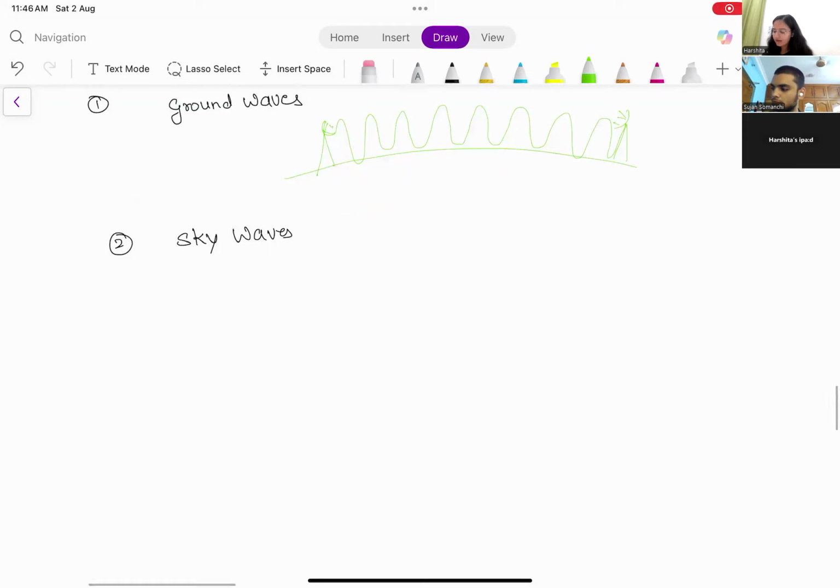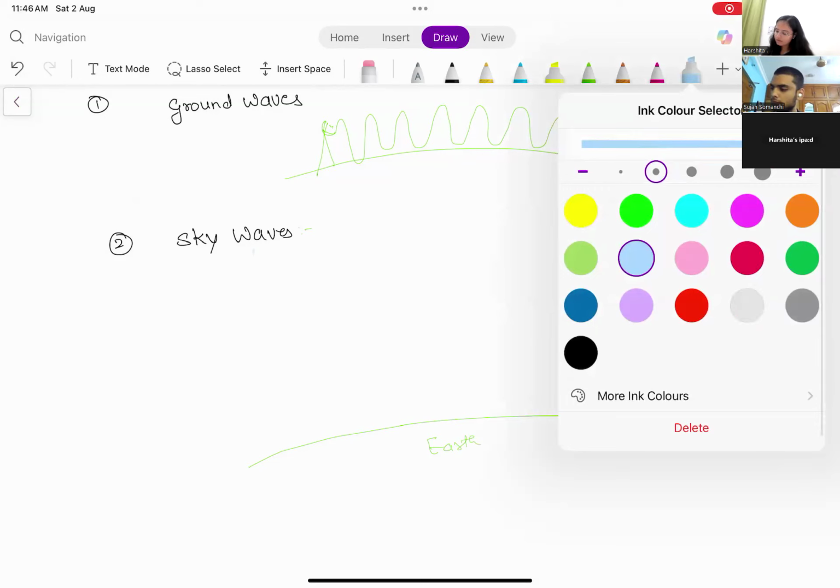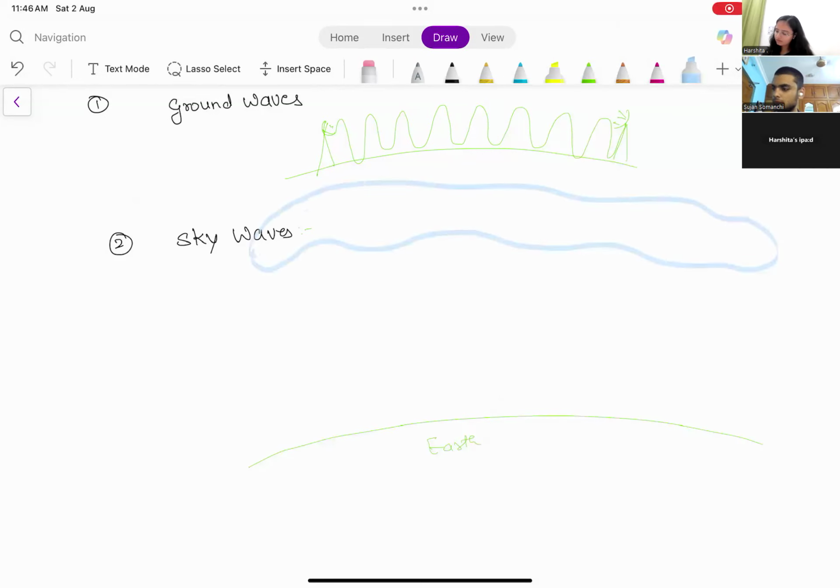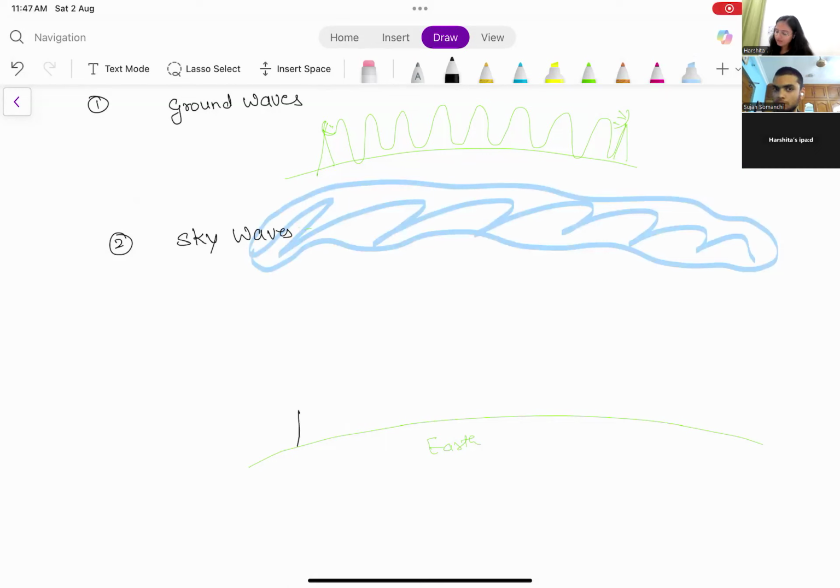What does sky wave mean? Sky waves are the ones where, if this is earth, we are using the sky above us. There is one transmitter. We will abbreviate transmitter as TX and receiver as RX. Transmitter and receiver.